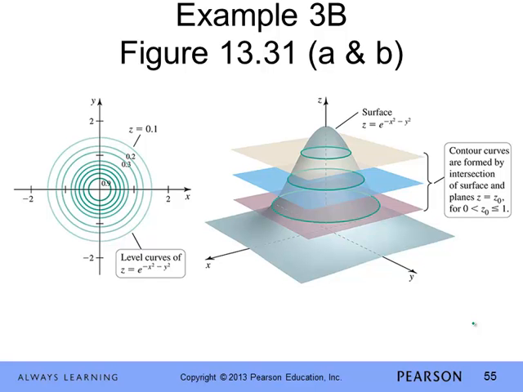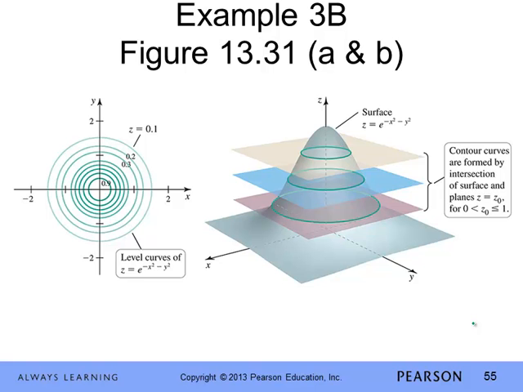Because remember, if z is equal to some constant, like for example, a half, if z is equal to a half, then what would we have?